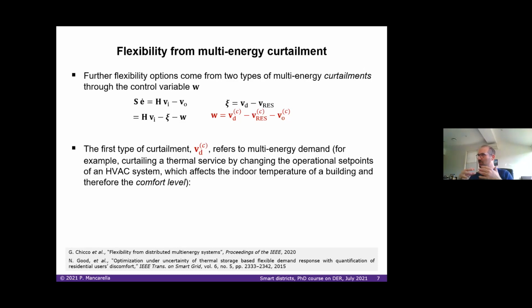Therefore, your comfort level is changing. So that's why we talk about comfort to power arbitrage, because effectively you switch off your heat pump for cooling. For example, in summer, the temperature in the building goes up. You're giving up comfort level. So you're gaining power savings, but you're losing comfort.